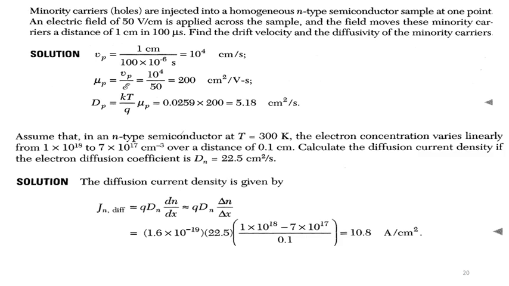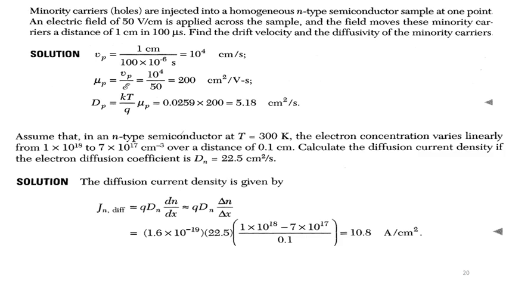If you know the drift velocity, because the applied field is given, then we can easily calculate the mobility for the holes, and that is nothing but 200 centimeter square per volt second. And if you know the mobility for holes, you can easily calculate the diffusion coefficient, also called the diffusivity, and that is Dp equal to 5.18 centimeter square per second. Just solve in the notebook.